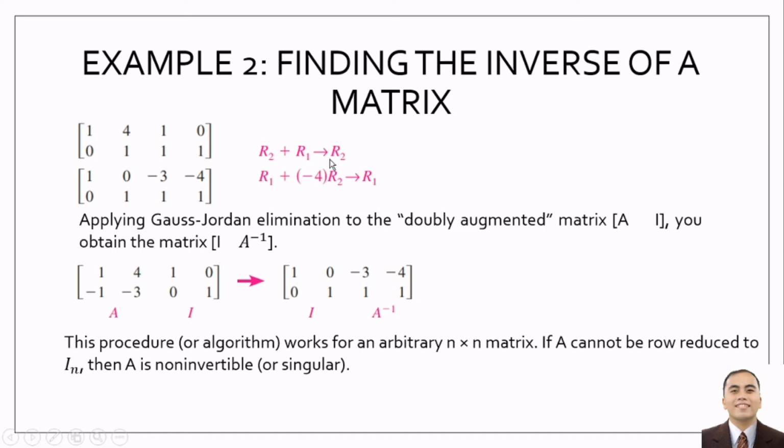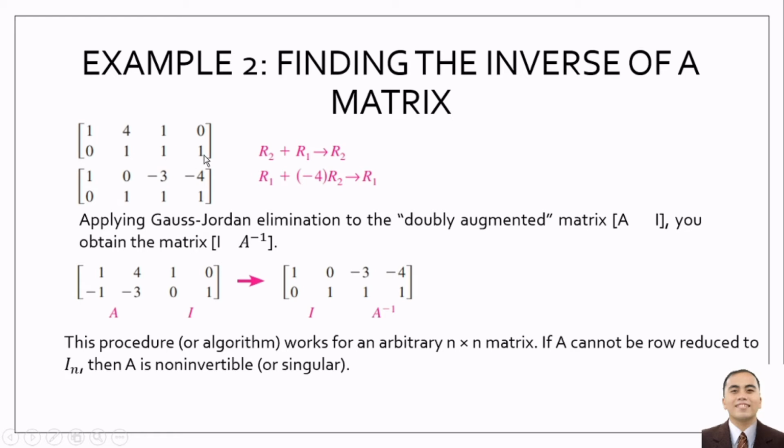So what we did is add row 2 to row 1 to produce the new row 2. That is why it became 1, 4, 1, 0, 0, 1, 1, 1.